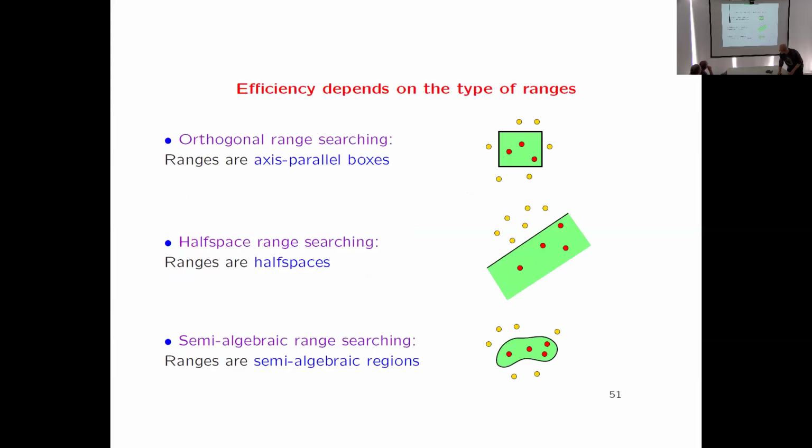Up to recently, the first problem is not interesting, it's hardly geometric. The second case, where the range is a half space bounded by a hyperplane, was studied 35 years ago with lots of results, but the semi-algebraic case was open until now, more or less.